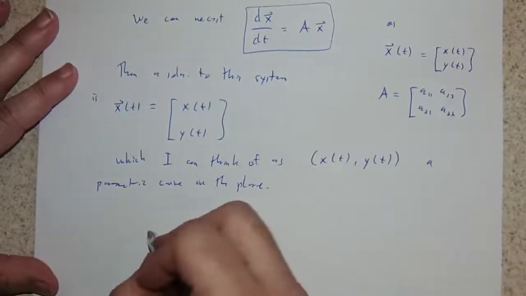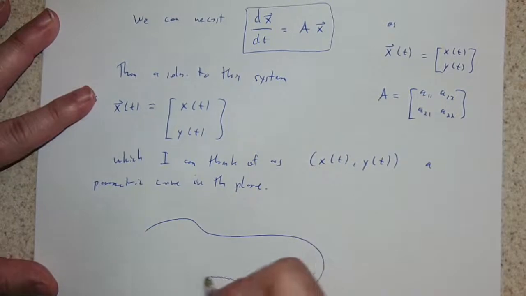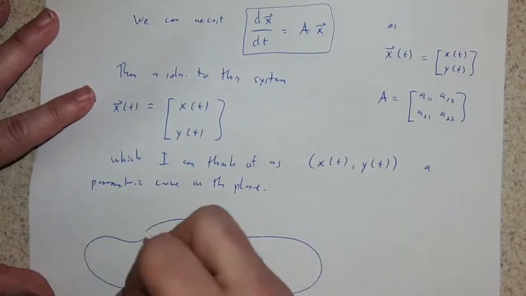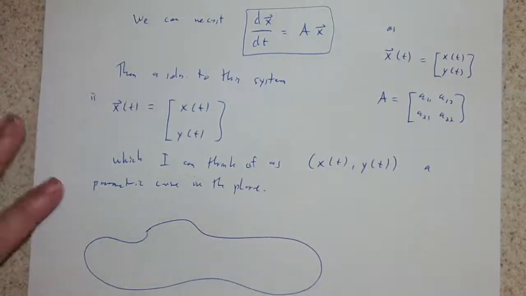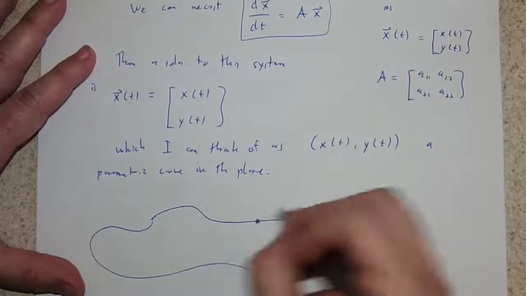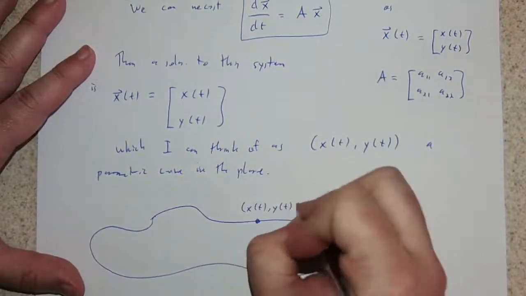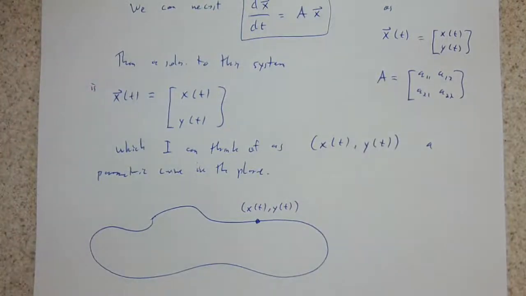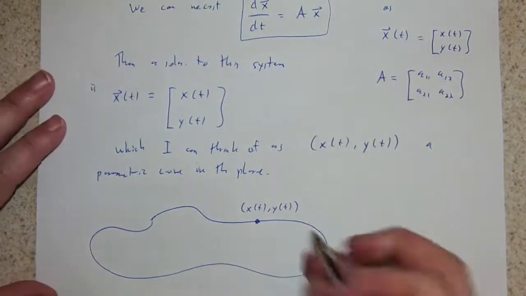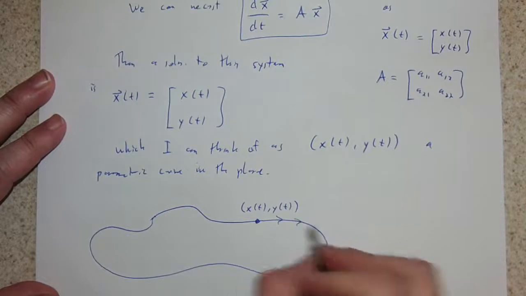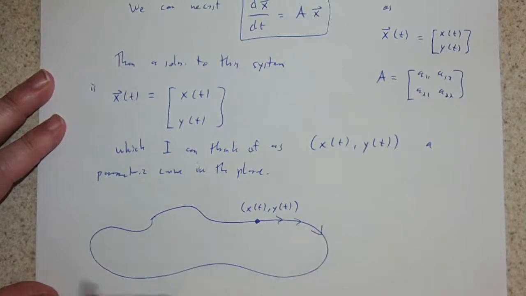Maybe it looks like this. A single point on this curve is an x of t, y of t, and as t progresses, I go along this curve in this way.